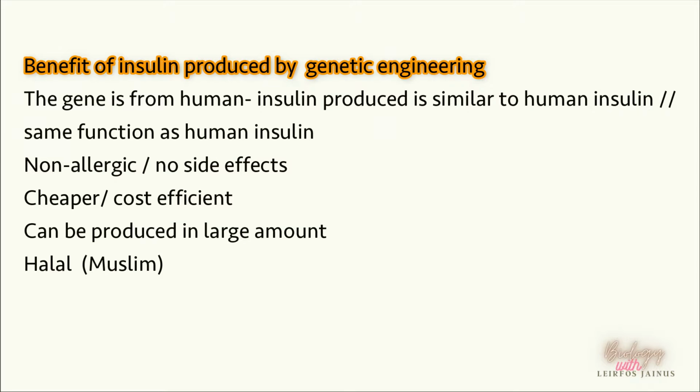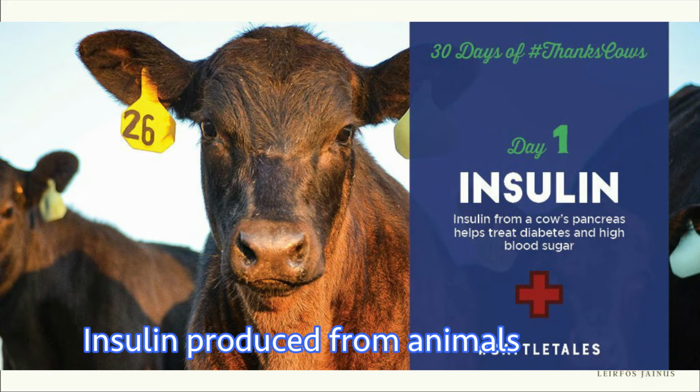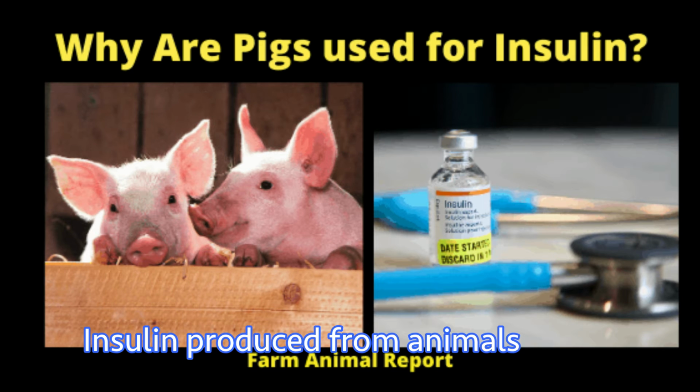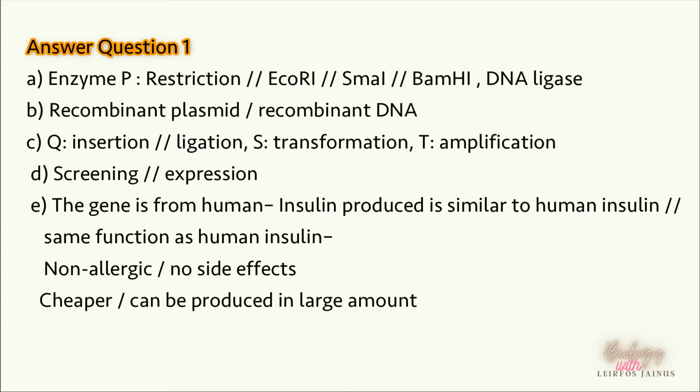The conventional way to produce insulin is to extract insulin from the pancreas of slaughtered animals such as cows and pigs. Here is the suggested answer for this question for your own reference.